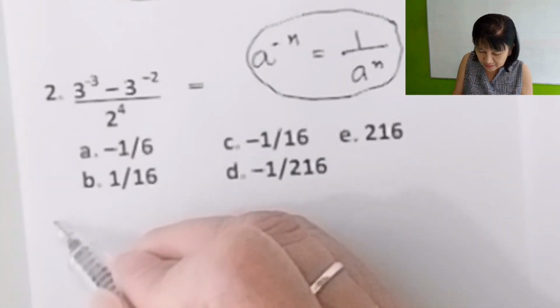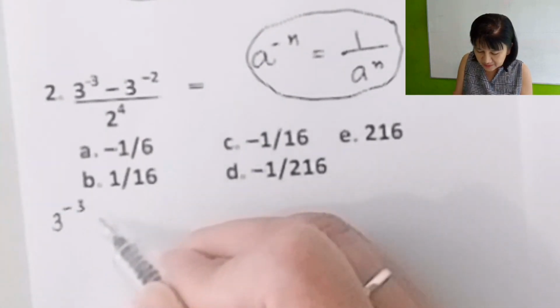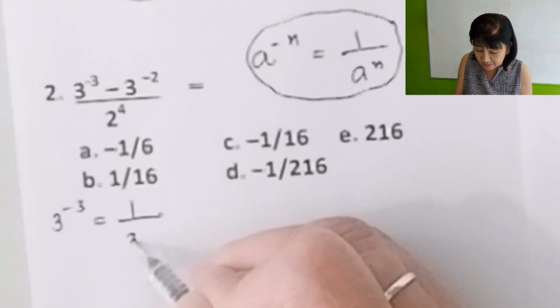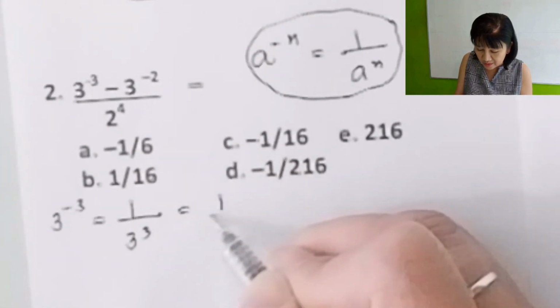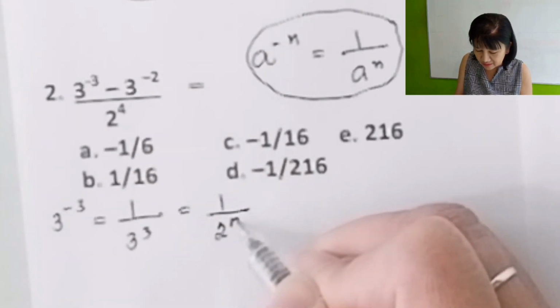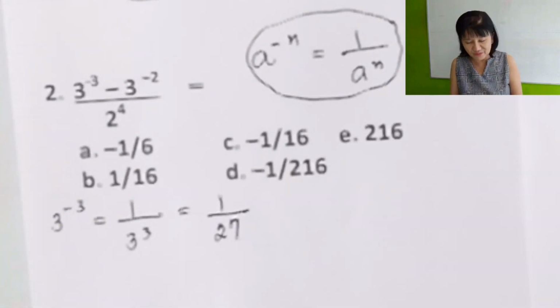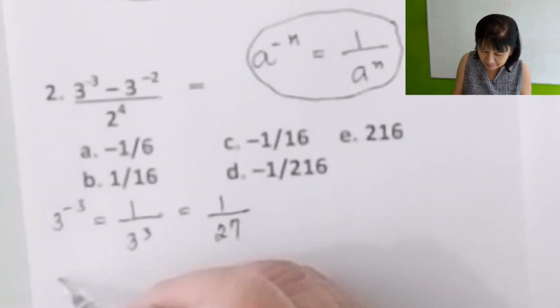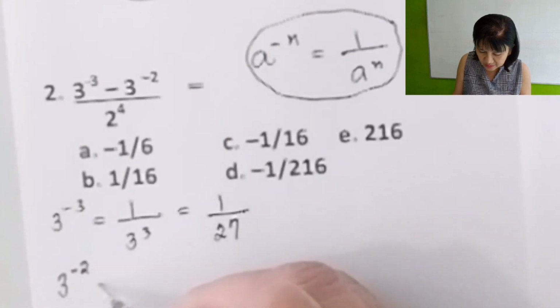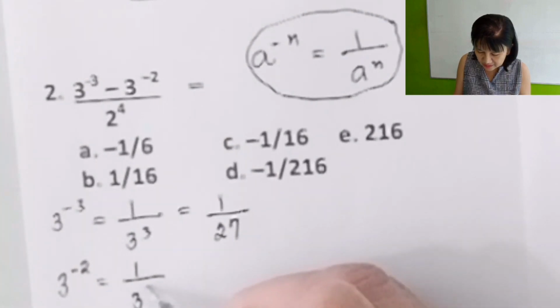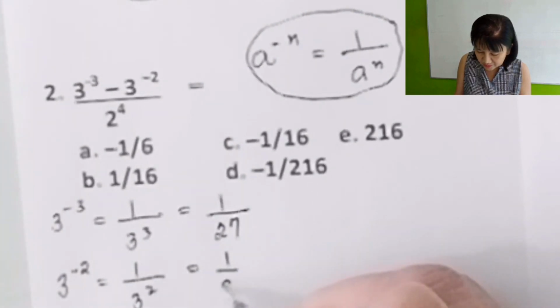So therefore, 3 to the negative 3 is equal to 1 over 3 cubed, which is 1 over 27. 3 times 3 is 9, times 3 is 27. And 3 to the negative 2 is equal to 1 over 3 squared, or 1 over 9.